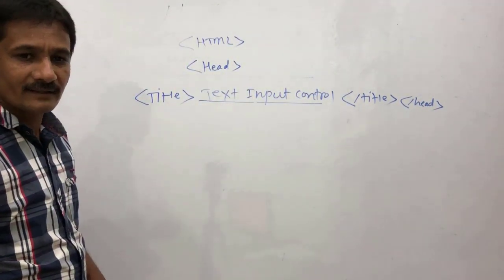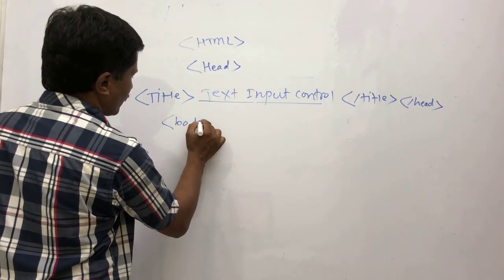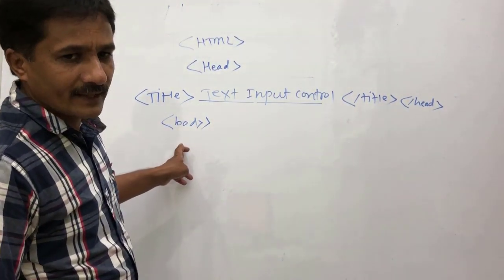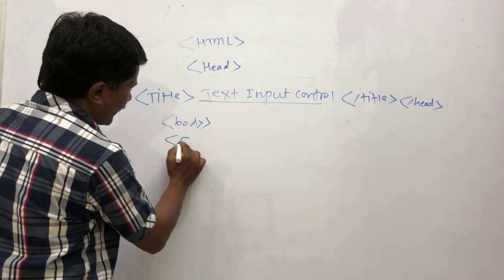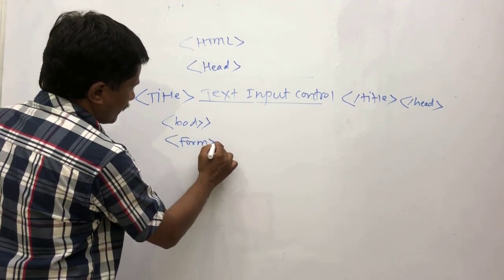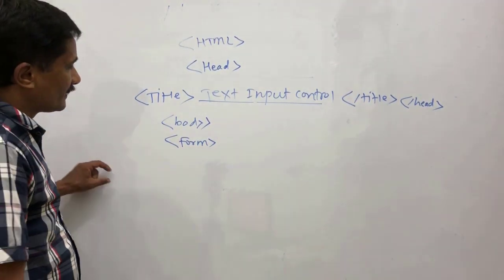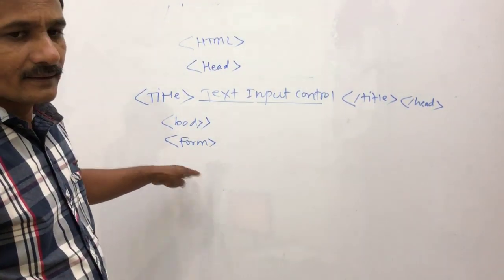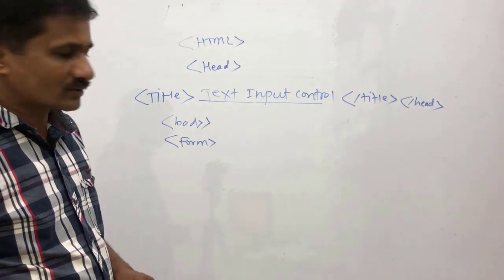Next, start the body tag. In the body tag you can use the form tag. In this example you can accept only the first name and last name of the student.